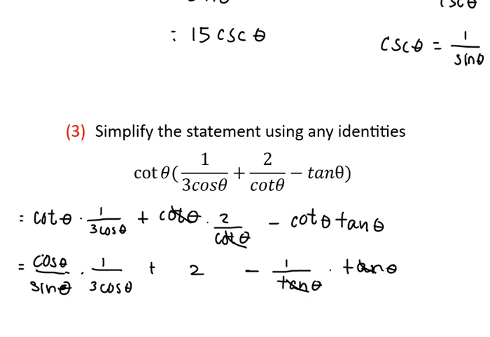Looking at the first term here, we can cancel out cosine theta. So what's left is 1 over 3 sine theta, and 1 over sine is cosecant theta.